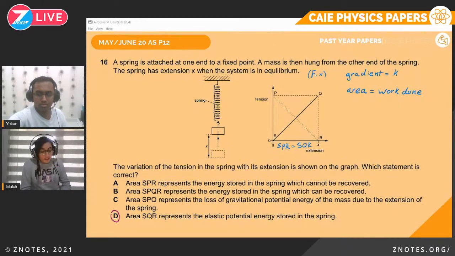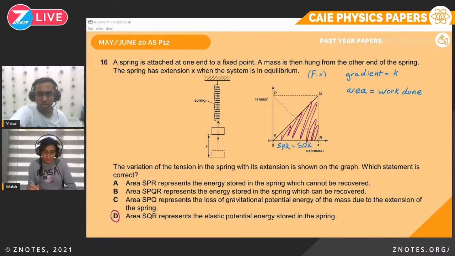A spring is attached at one end to a fixed point. A mass is then hung from the other end of the spring. The spring has extension x when the system is in equilibrium. All right. First thing we need to know is that the gradient of this graph is k, and the area under the graph is work done. So the area here would be the work done.